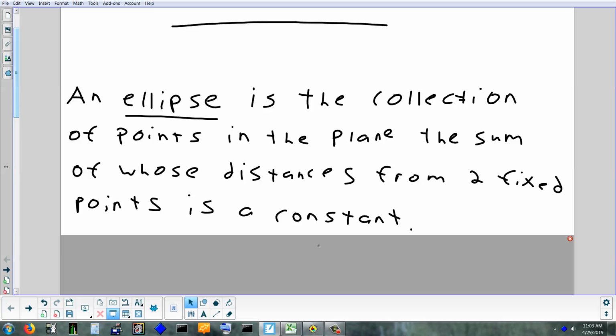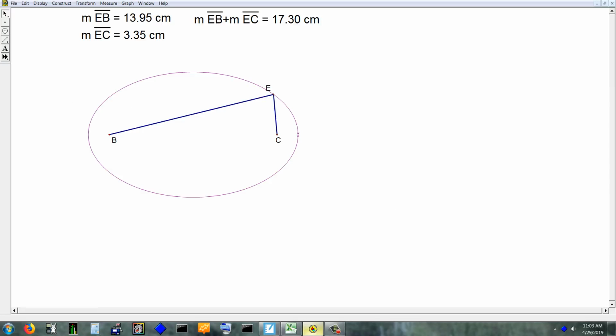I'm going to show you in my ellipse. So, first you have two special points that don't move, two fixed points. In that picture, those are points B and C. They don't move. E is a point on the edge of the ellipse. I'm going to drag point E to different spots.